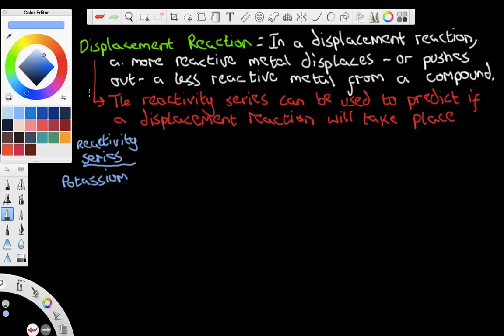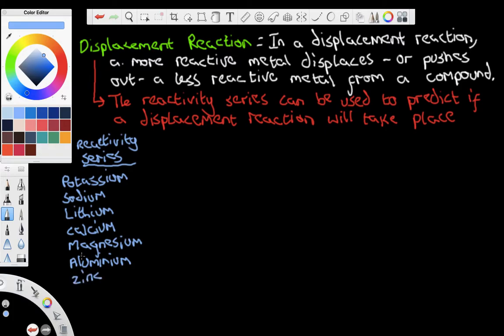We've then got sodium and lithium, calcium. We've got magnesium, aluminium, zinc.